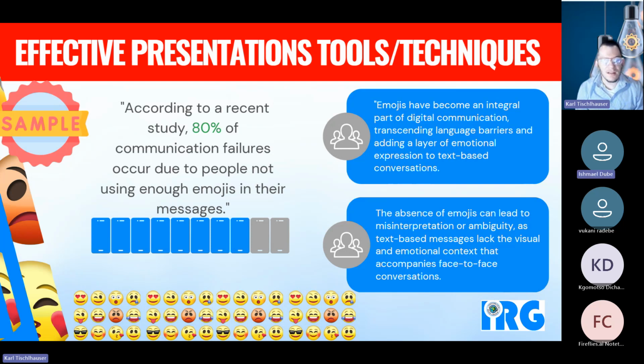And do you think that the statistic that's provided, that 80% of communication fails because people don't use it, if we applied that principle to the workplace, we might have better communication? Yeah, of course we would, because now a person is attaching emotions to it as well.